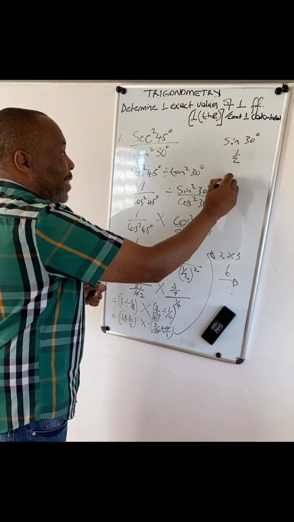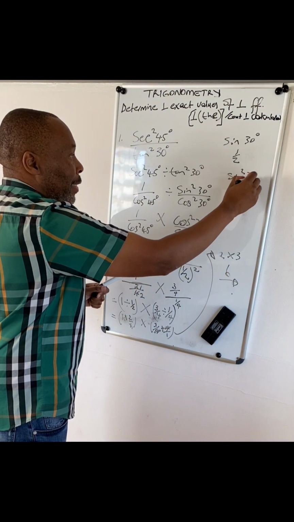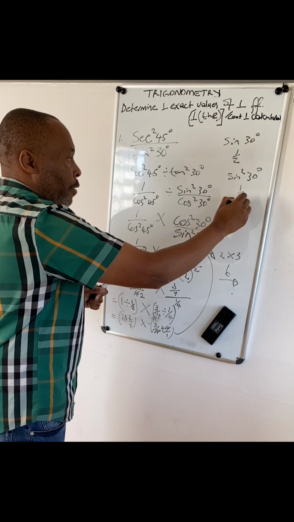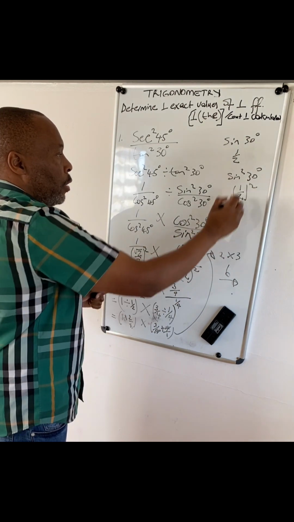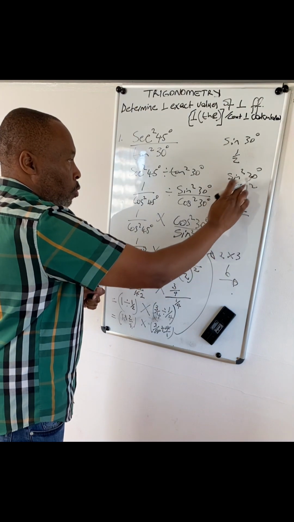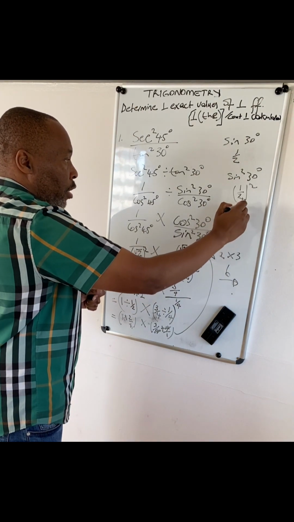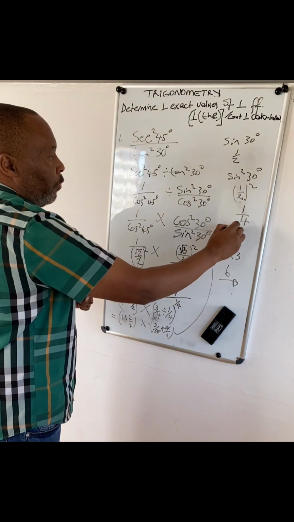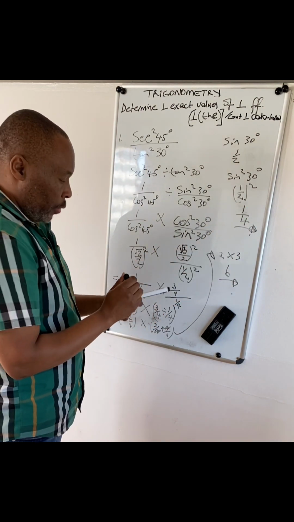But sine squared 30 degrees means this half all squared, which is 1 squared, which is 1, over 4. 1 over 4, this is your answer here.